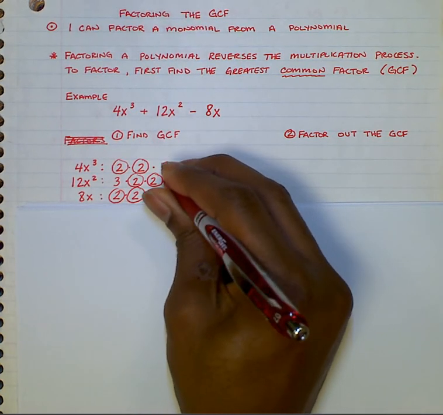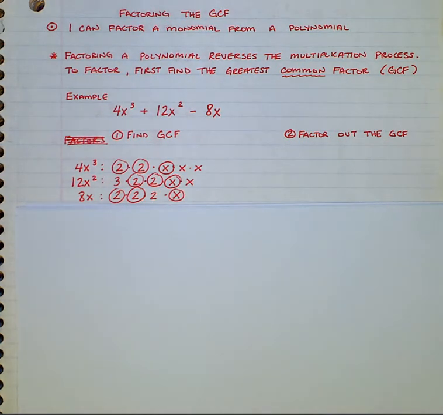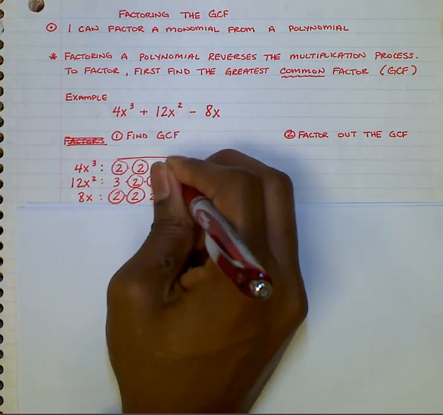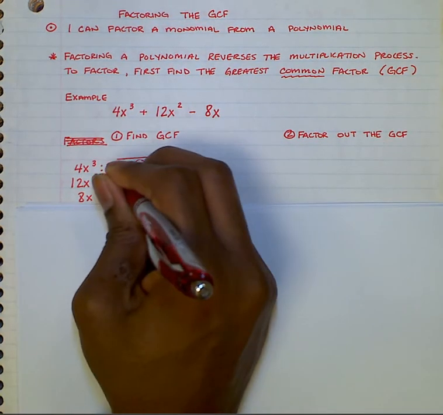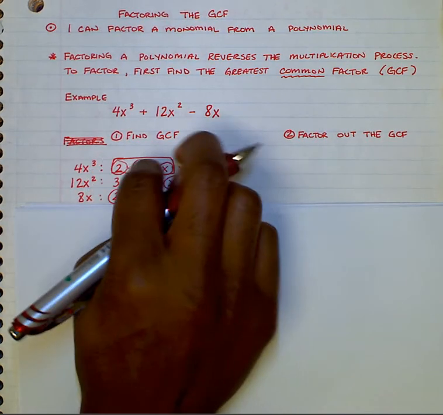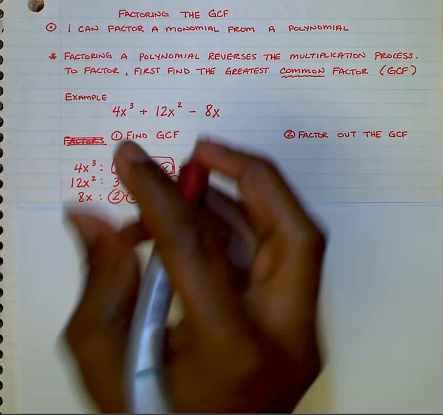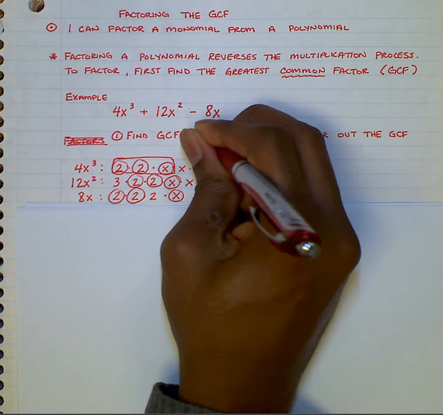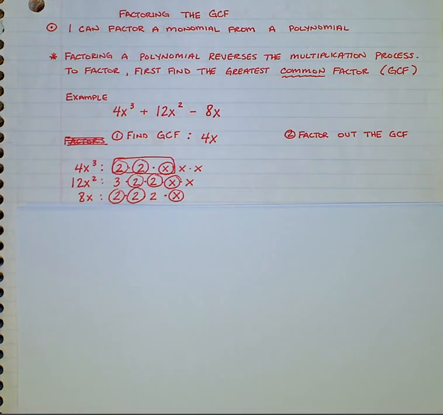Okay. As we look at the other values, we can see that there's nothing else that's shared between all of the values. Okay, so if I take out all the common factors, that will leave me the greatest common factor. Taking out 4x. So I found my greatest common factor, it's 4x. That's my first step to factoring.